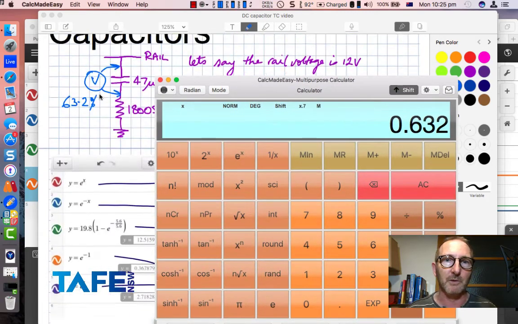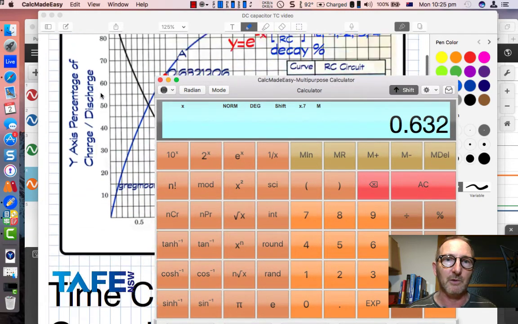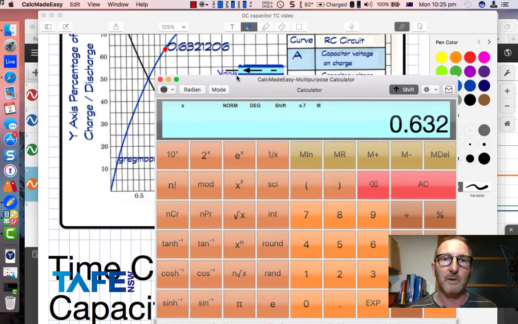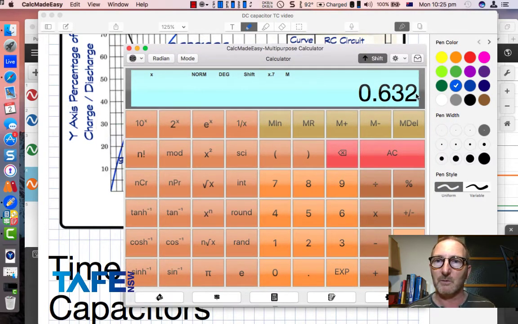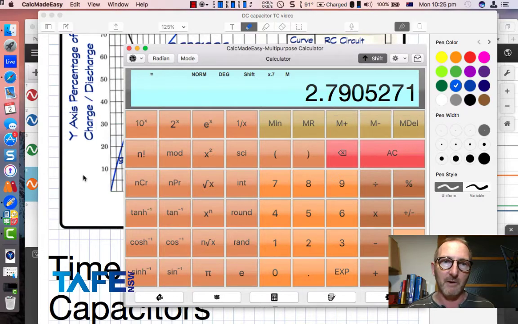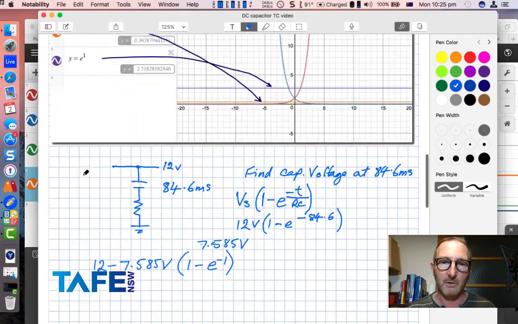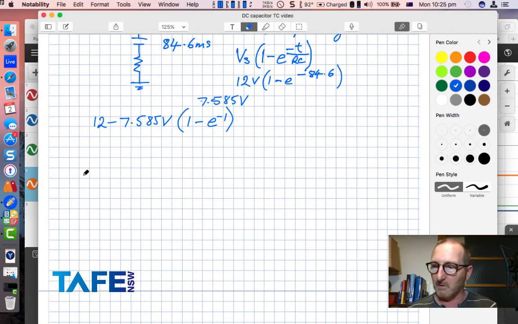Let's put some more digits in there: 0.6321206. 0.63212, that'll do. Equals 2.7905 volts.